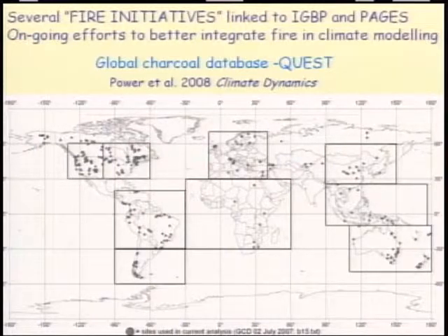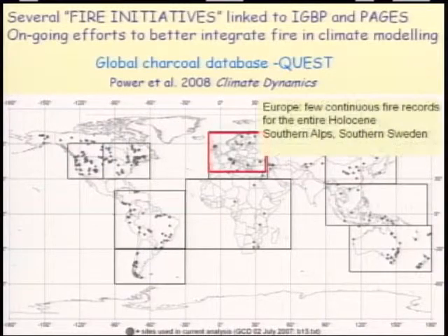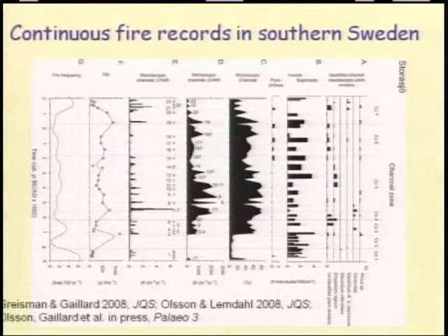There are in Europe new projects that are focused on this subject. And in Europe, there are in fact few continuous fire records for the entire Holocene. They are located mainly in the Southern Alps and in Southern Sweden.